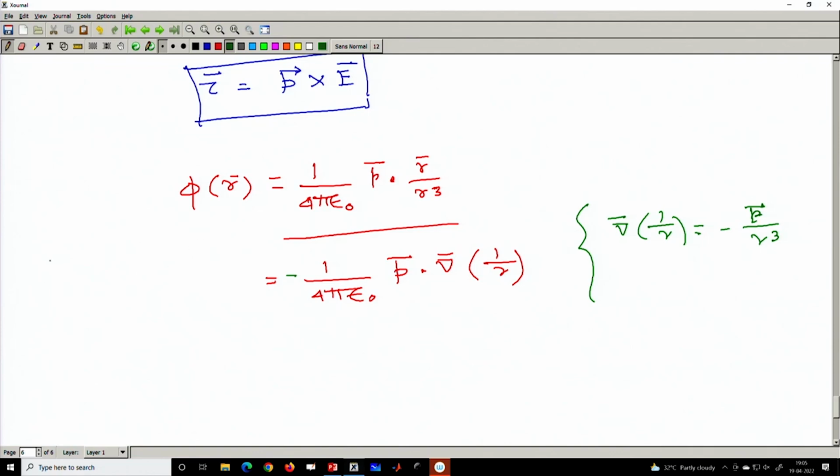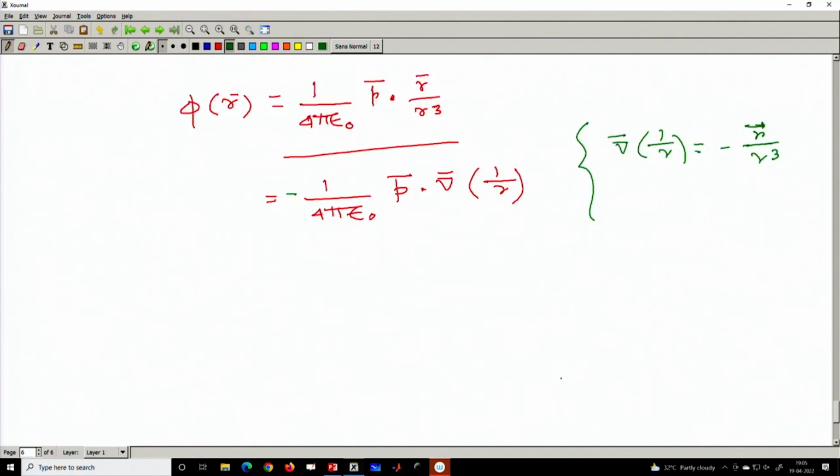In vector form, this is r vector divided by r cube. So that I use here to get the potential.